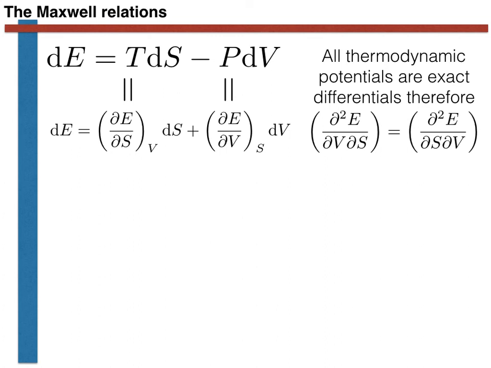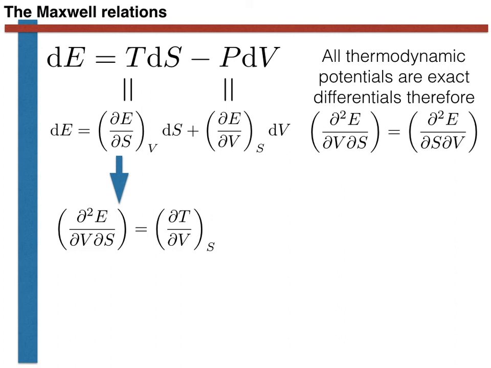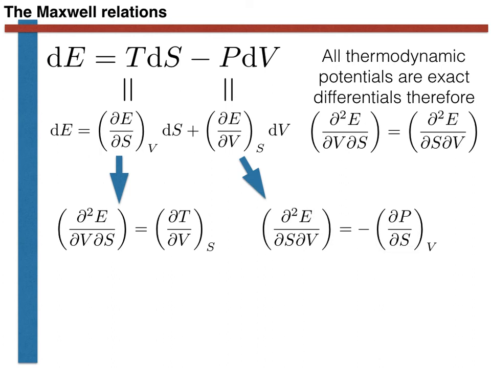By differentiating the first of these results with respect to V, we thus arrive at the following result. d2E by dV dS is equal to partial T by partial V at constant S. We can also arrive at a second result by differentiating the second equation with respect to S, as shown here. d2E by dS dV is equal to minus partial P by partial S at constant V.